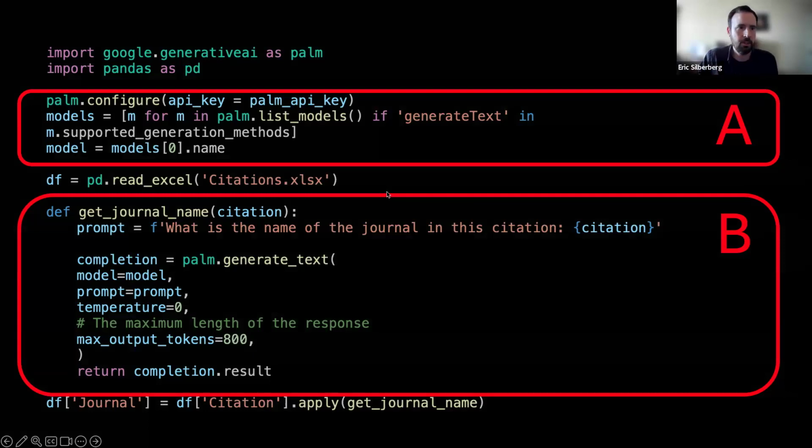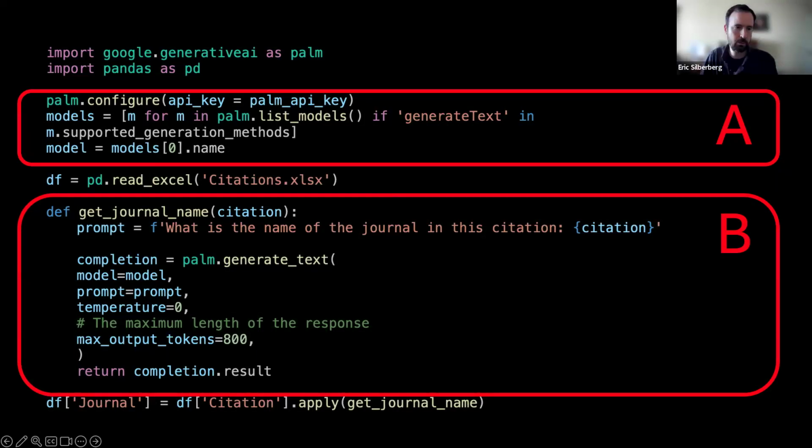Now we're going to take a look at the code. And most of it, I would say 95% of this, is boilerplate that Google makes available on the PaLM documentation online.